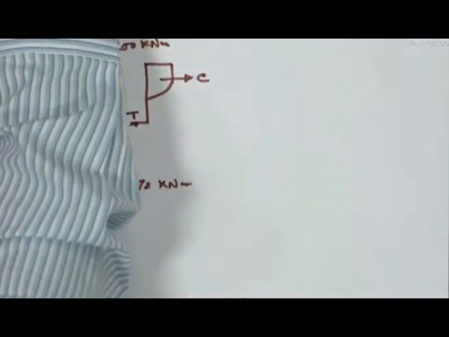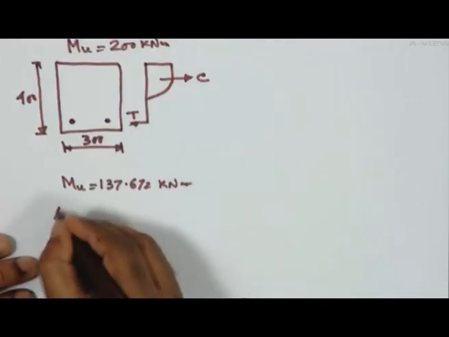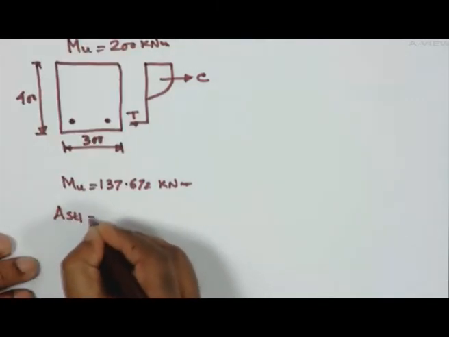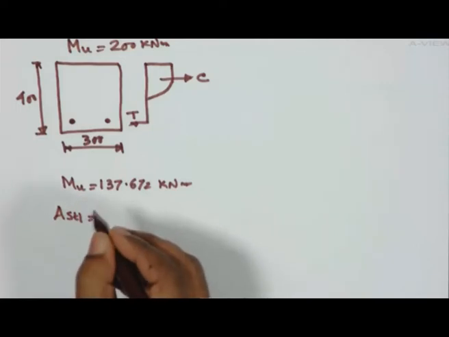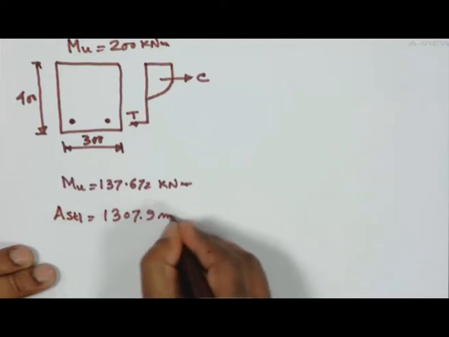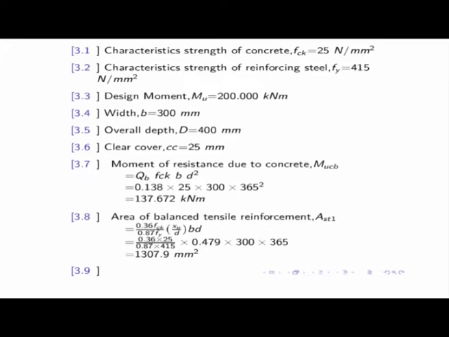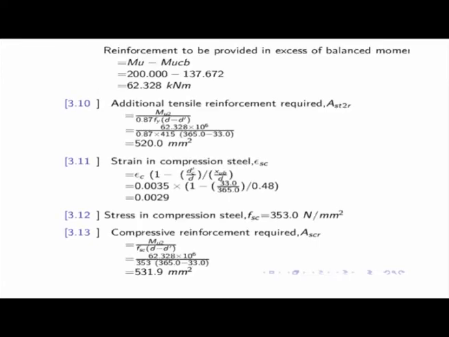So I am getting it here, and the corresponding area of steel we call Ast1, which will be equal to 1307.9. It need not be that accurate. Here we can say 1307 or 1308 could be sufficient. You can use area of steel as 1308, no need of going for decimals.